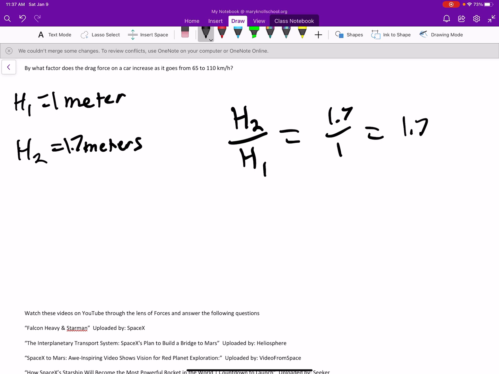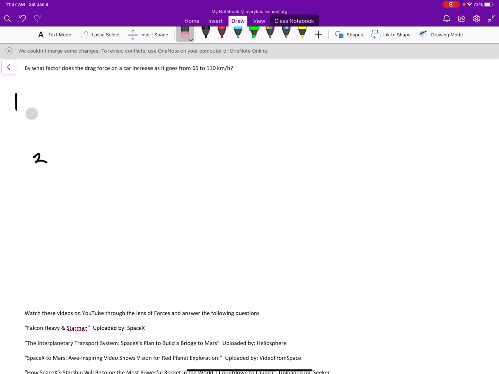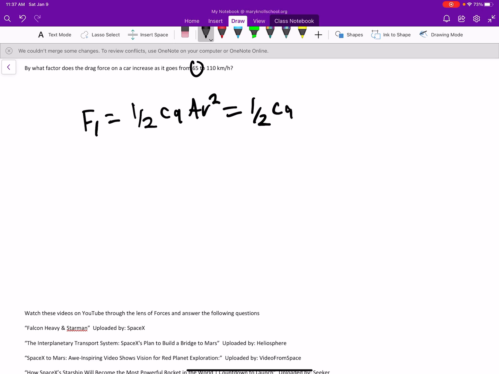So let's look at this example and do something very similar. We're going to do drag force 1, force drag, and we're going to use that 65. So 1/2 CQAV squared, and get 1/2 CQA.